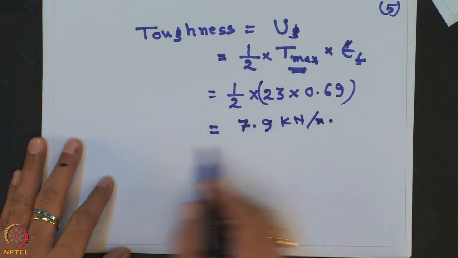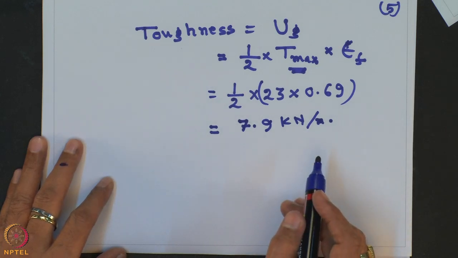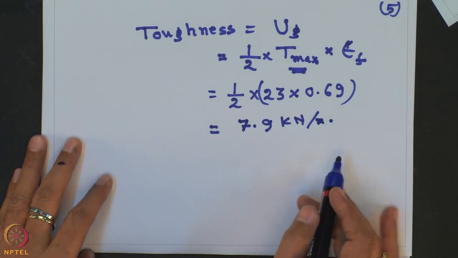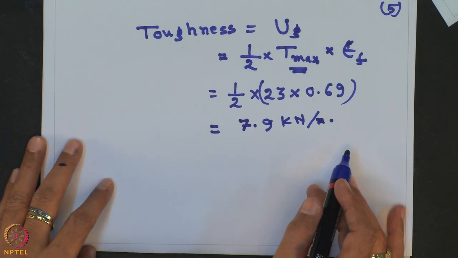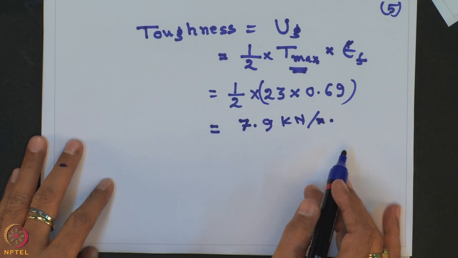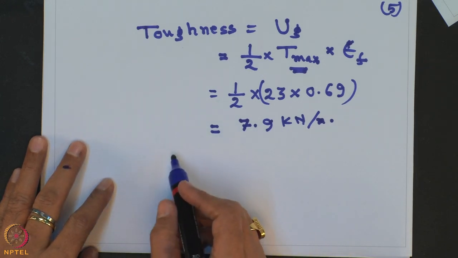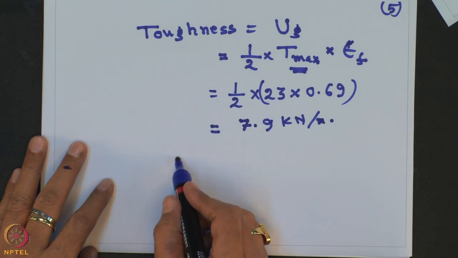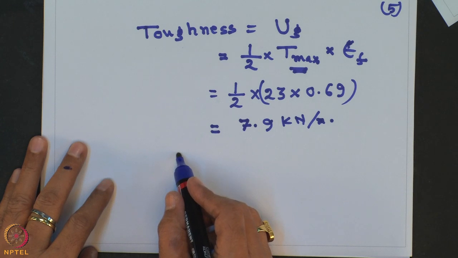We know that the thickness of the geotextile material is 0.33. So, we can write the toughness also in terms of kilonewton per meter square for the thickness of 0.33.